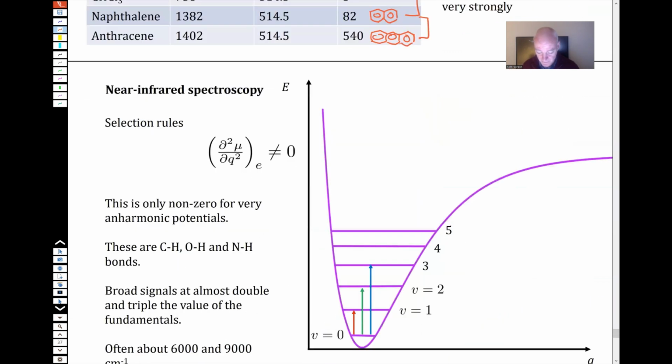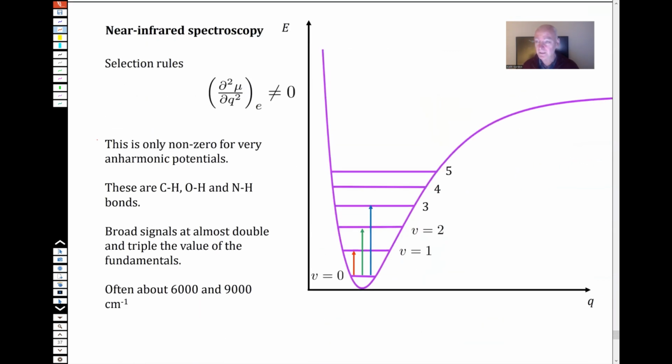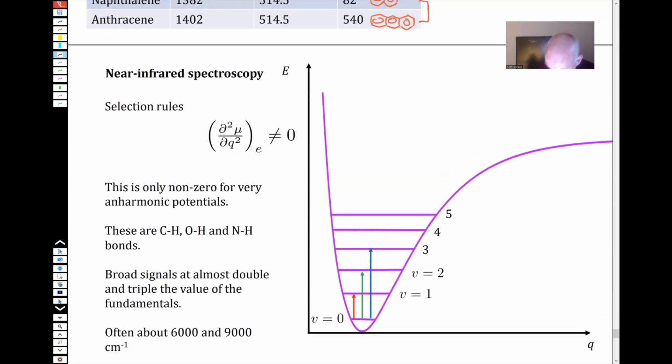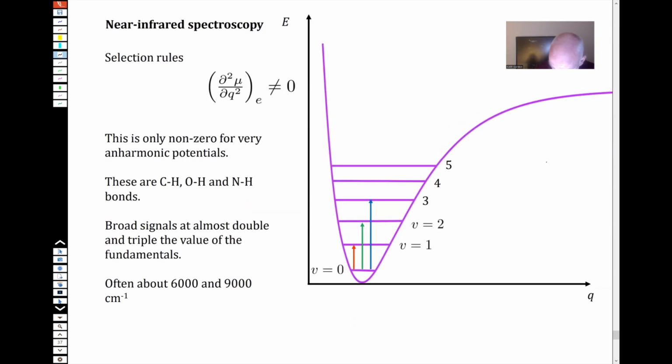What about near-infrared spectroscopy? That's a bit of a weird one. It's a bit tricky. I drew this diagram earlier, so I'll draw it again in a more general form. The diagram I drew was of mu versus Q. I did it for water a few slides ago, and I put a couple of points on there.